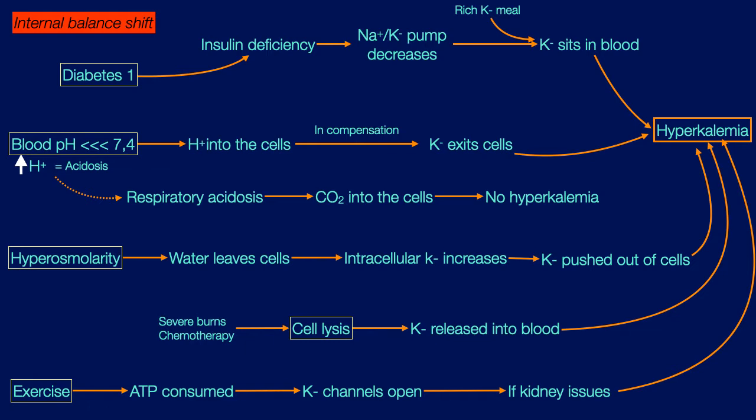One way the body can increase the blood pH is by moving hydrogen ions out of the blood and into the cells. So in order to help compensate for acidosis, hydrogen ions enter cells and potassium ions leave the cells and enter the blood, which might help with the acidosis, but it may also result in hyperkalemia.